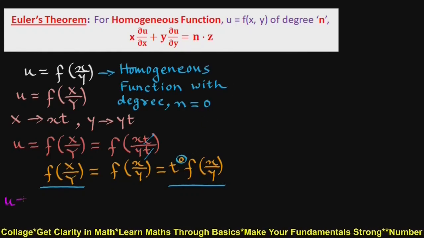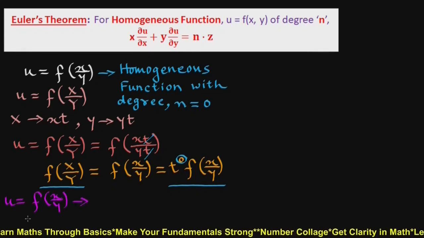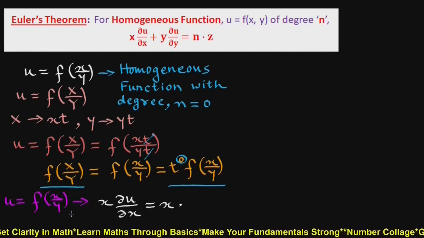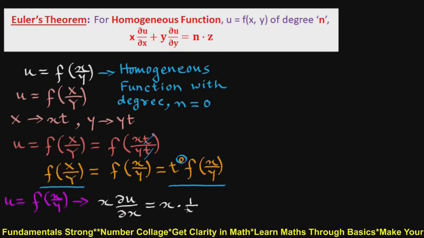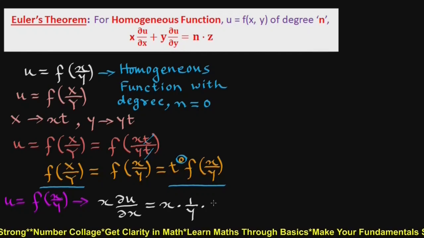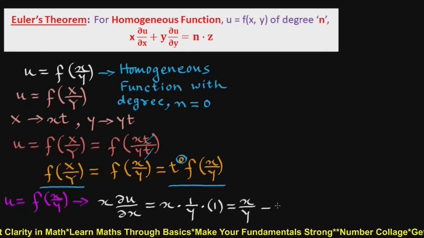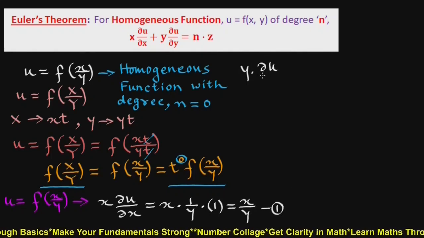Next, from u equals f of x upon y, we find x ∂u/∂x, which will be x times the derivative of u with respect to x, which will be 1 upon y, which is constant, and the derivative of x with respect to x is 1. That will be x upon y. We name this 1. Next, we find y ∂u/∂y.